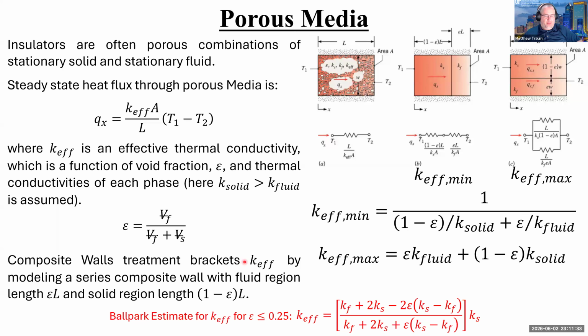Just like before with the composite wall, if I calculate the minimum K effective, I'm going to use my equation for resistances in series, which is here. And then if I'm trying to find the maximum K effective, I'm going to use my equation for resistances in parallel, which is here. Notice, this seems a little weird, right, because these are added together, and these are added together in the denominator. But notice we're talking about not resistances, but thermal conductances.